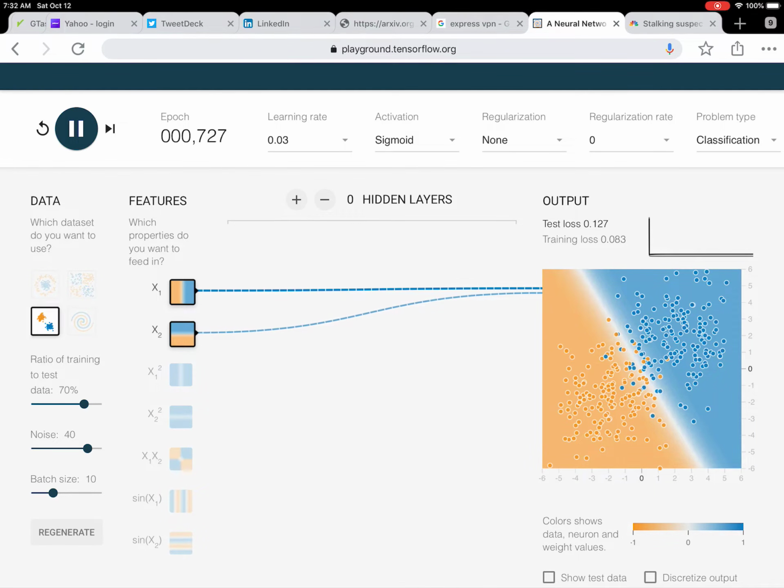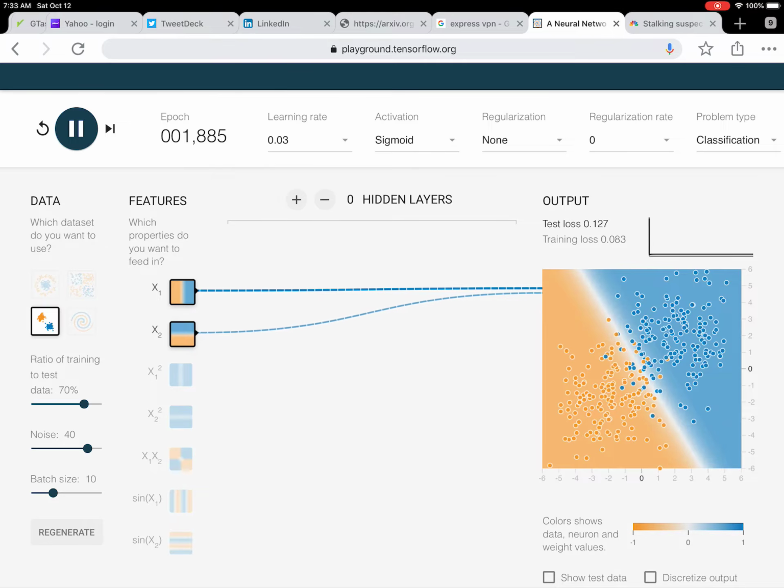It's 0.127 because even in the best case, it drew the best possible line between the blue and orange, and the expectation is that on one side of the line there should be blue and the other should be orange. But since the data itself is noisy, you do have some blues on the left side of the line.